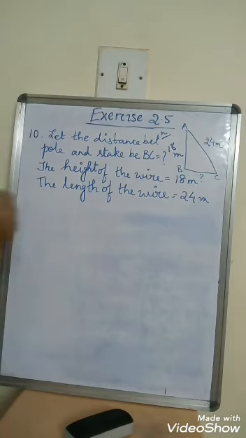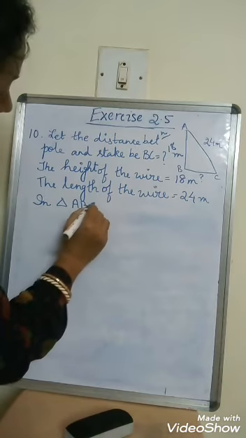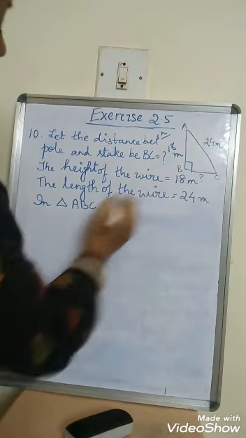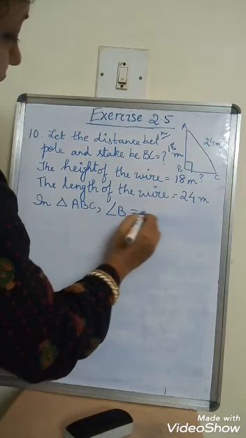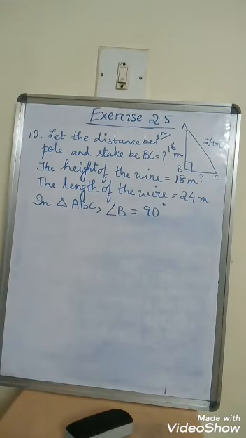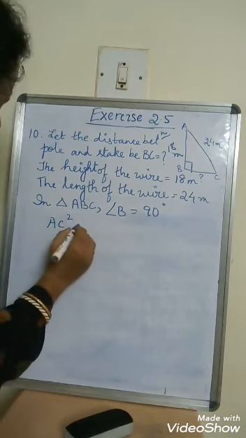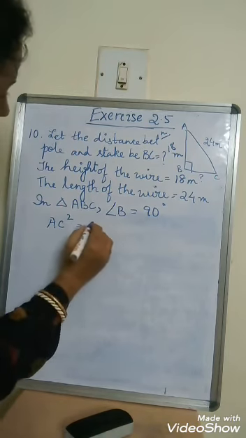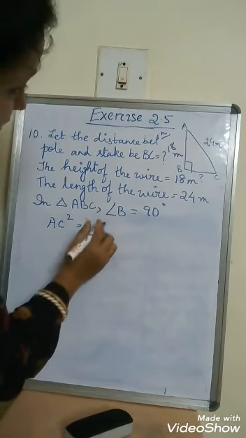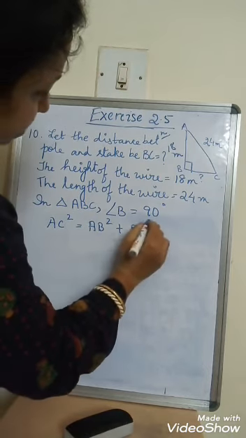So now here it is triangle ABC, where angle B is equal to 90 degrees. It is a right angle at B. Now according to the Pythagoras theorem, AC square, that is hypotenuse square, is equal to perpendicular square, which is AB square, plus BC square, that is base.